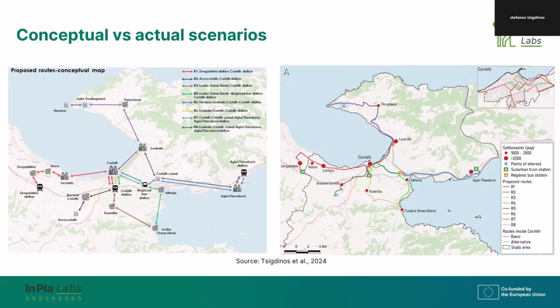But today we are going to practice on the left with conceptual scenarios. So these 2 pictures help us understand the difference between connecting conceptually and connecting or planning by proximity actually.